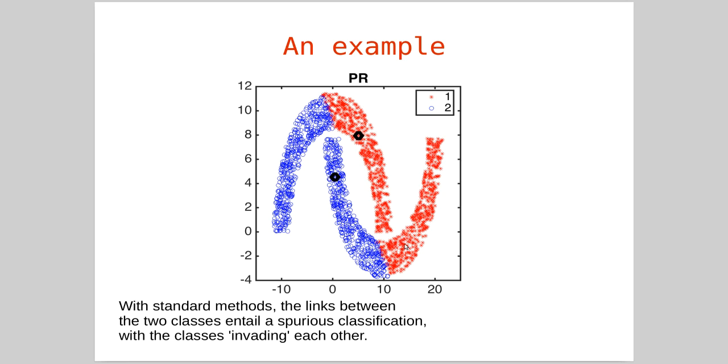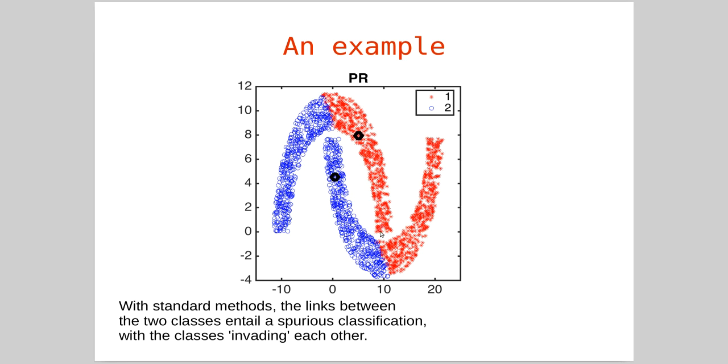With the standard methods, in this case the PageRank method, you can see that this blue basically invades the other class, and red also invades this class. Why?